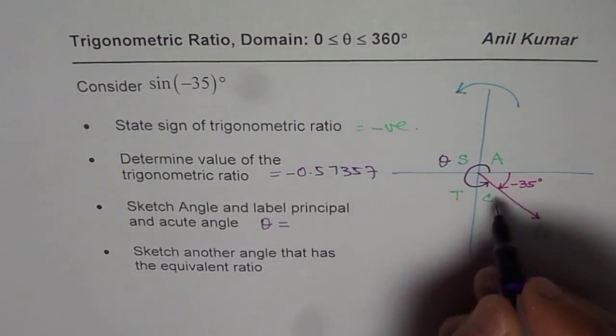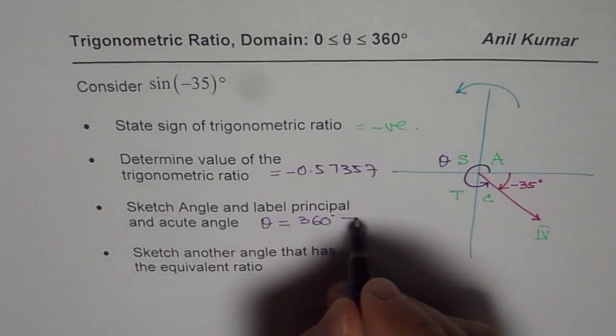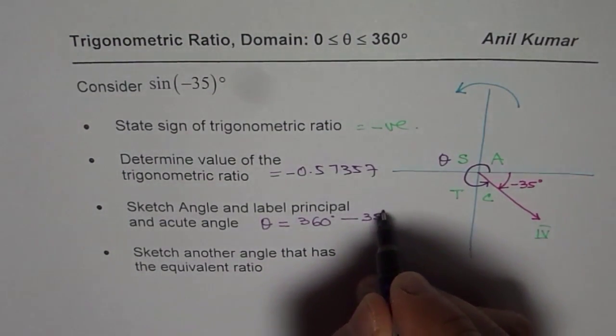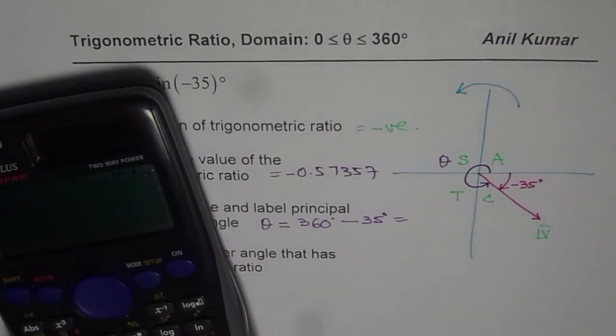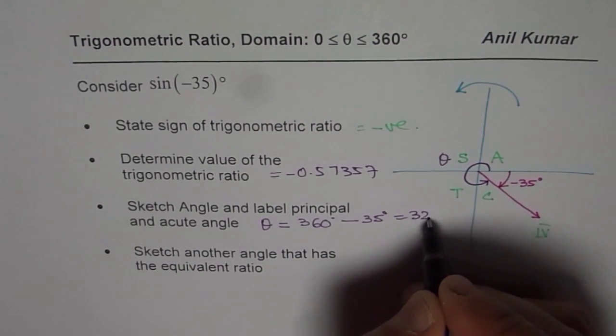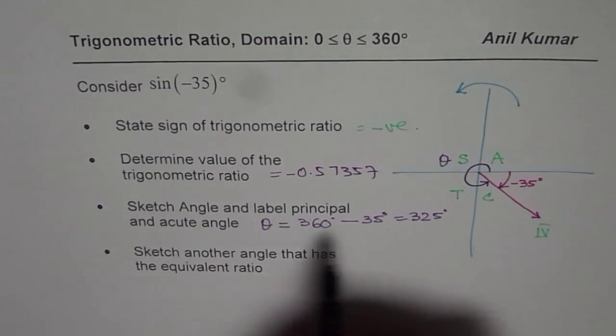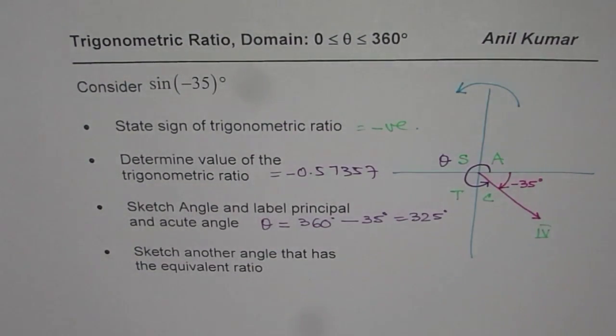Theta for us is equal to 360 degrees minus 35 degrees. You get the point? Let us see how much it is. 360 minus 35 equals 325 degrees. So you can see our principal angle lies in this domain 0 to 360 degrees. That is the connection which we are making in this particular example.